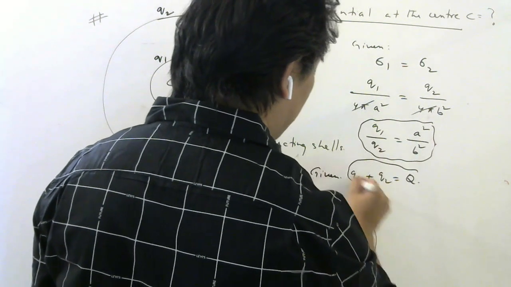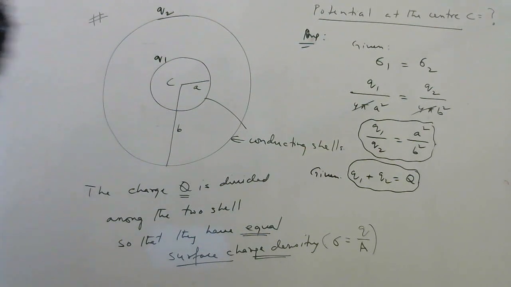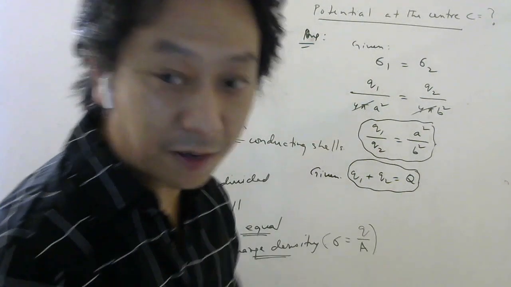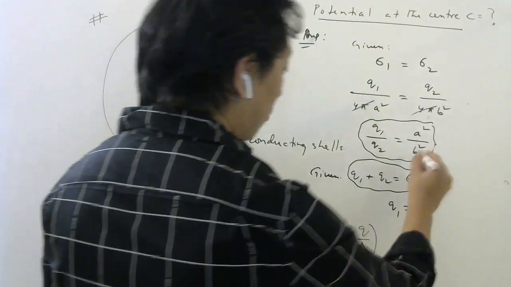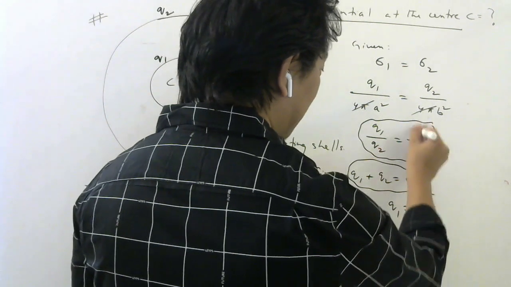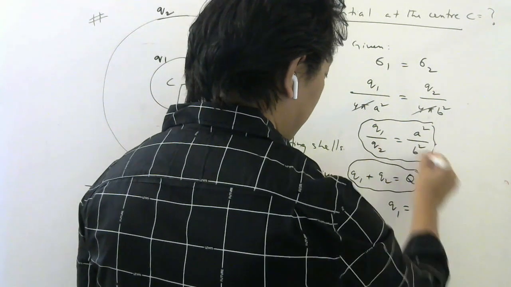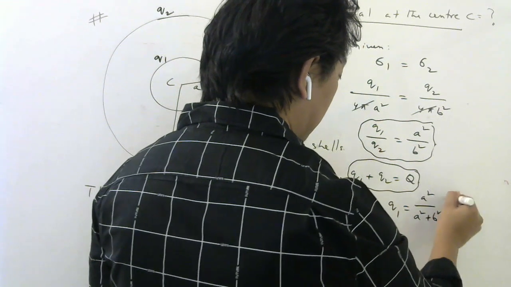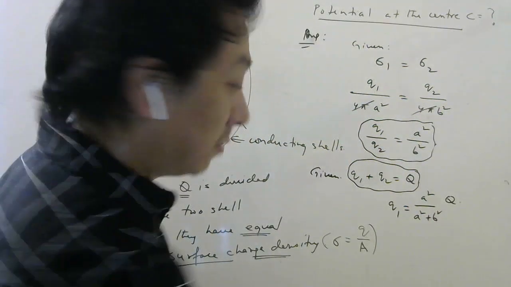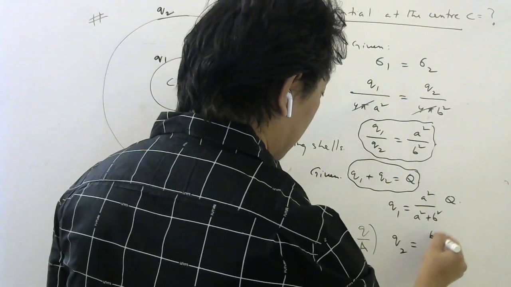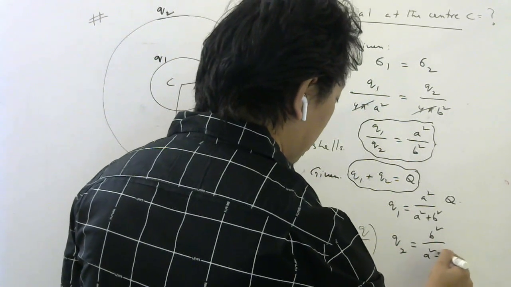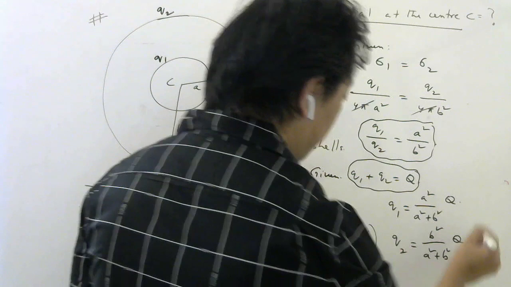If you know the ratio and the sum, how to write the charge q1 individually? So q1 will be a square by this divided by sum of this into Q. Similarly, q2 will be what? This b square divided by a square plus b square into Q.